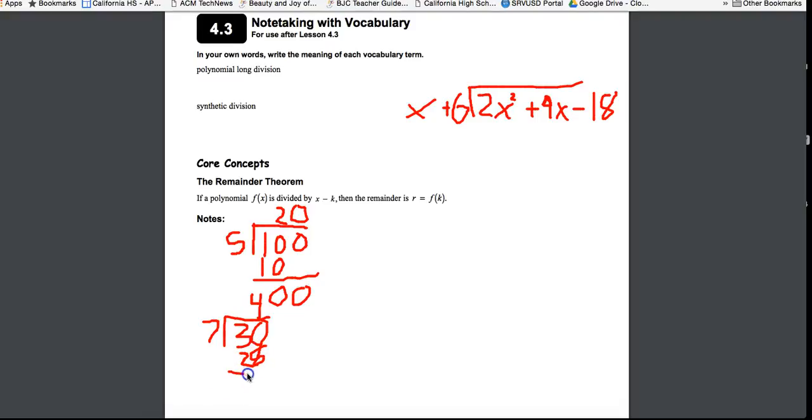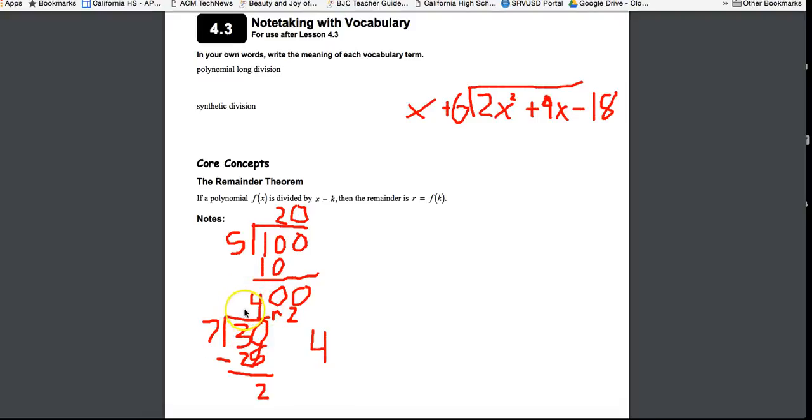So now we subtract 28 from 30, and we get 2. Since there's nothing else to divide, and it didn't end up with a 0 like we did here, we get a remainder of 2.